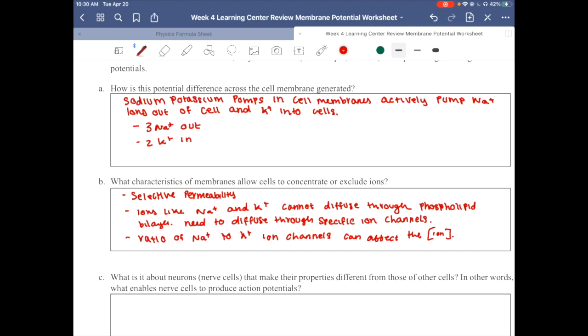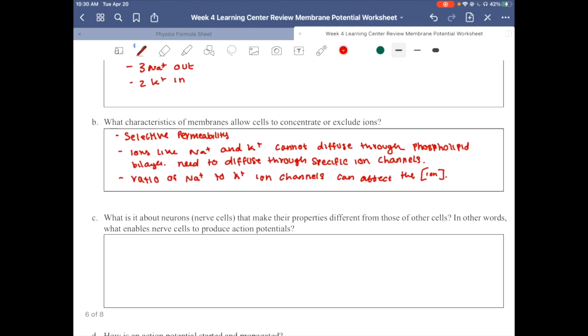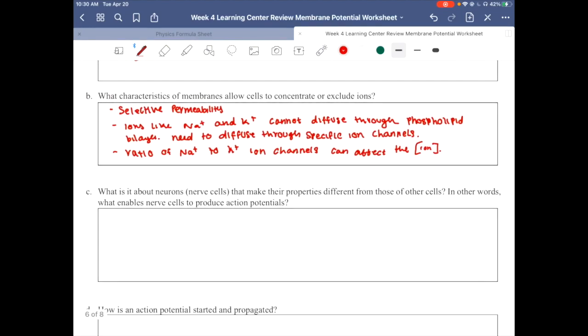All right, next we have what is it about nerve cells that make their property different from those of other cells? So we're looking at what is special about nerve cells that actually allow for action potential as opposed to other cells in your body. And that is because, so all cells have a potential difference across the membrane, but what makes nerve cells unique is that they have voltage gated ion channels that open and close due to that difference across the membrane. So that's what makes them unique, and that's what allows them to produce action potential.